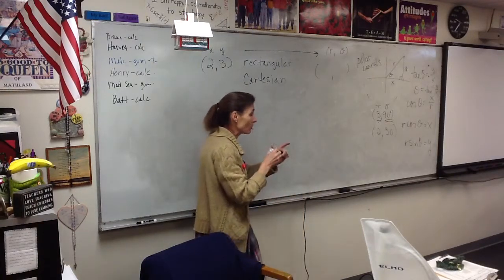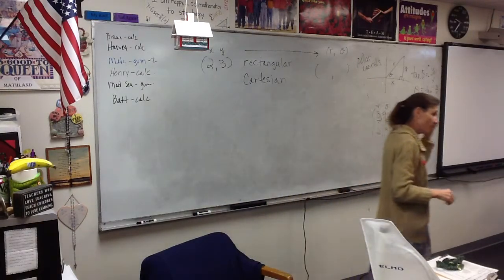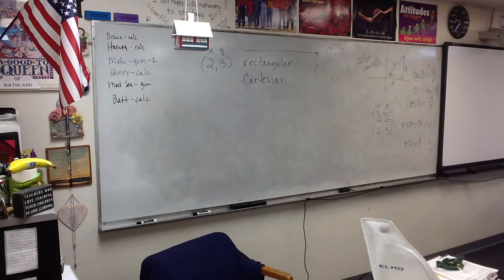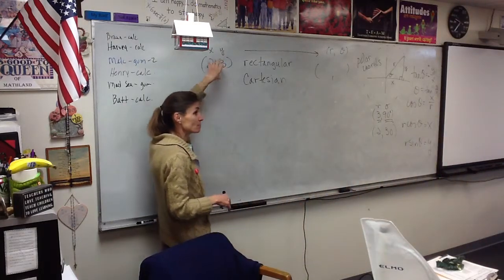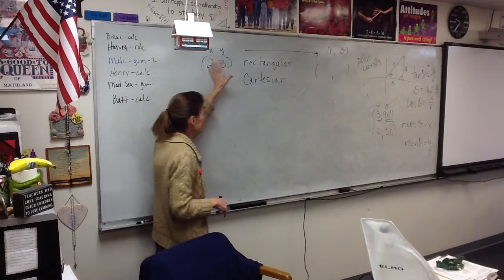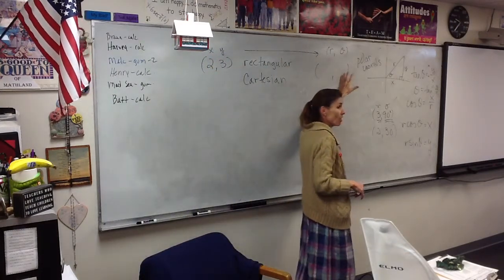So when you see or hear the word rectangular, what pops into your head? Cartesian or X, Y. Those are your variables. When you move into polar, which is the circular system, which is the graph paper that I passed out, then your variables aren't X and Y anymore. Your variables are R and theta. So what you are being asked to do here is take this pair, which is X and Y, and change it into R and theta.